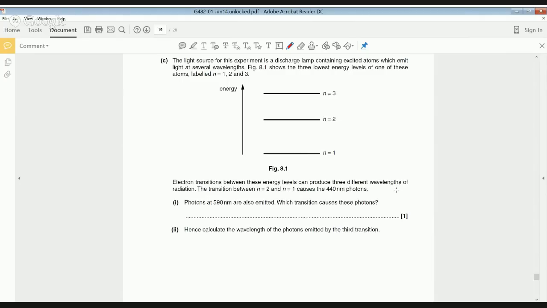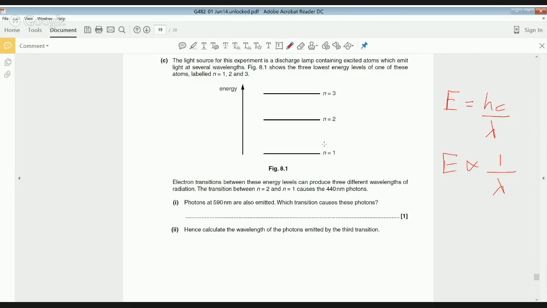Be really careful with this question because students tend to get the relationship between energy and wavelength the wrong way around. Remember the equation, E equals hc over lambda. h and c are constant, so E is proportional to 1 over lambda, which means that if we want more energy, we need a shorter wavelength.